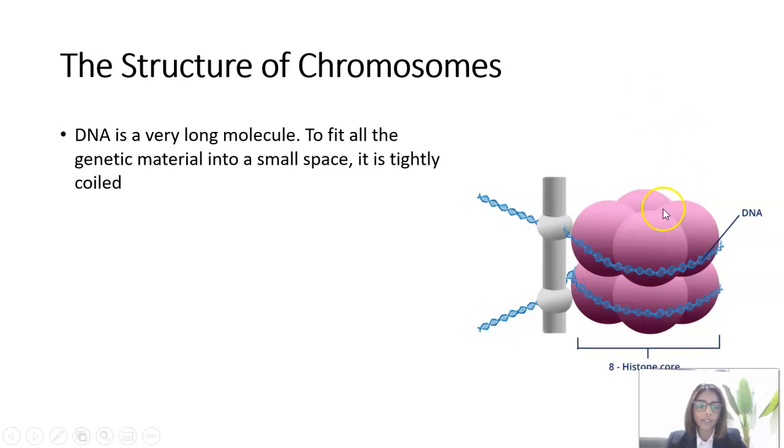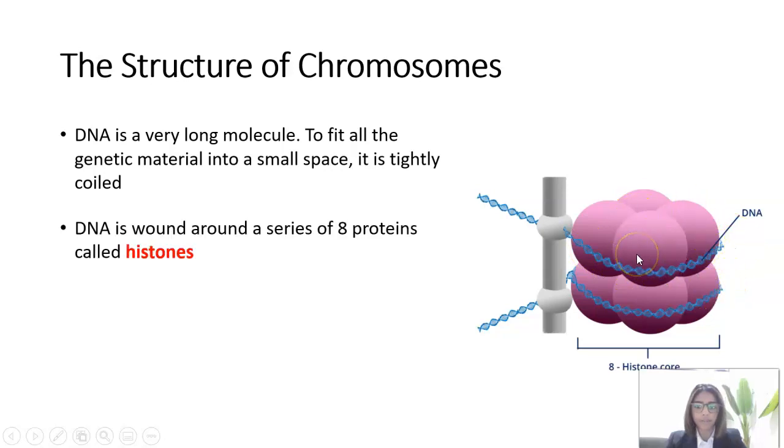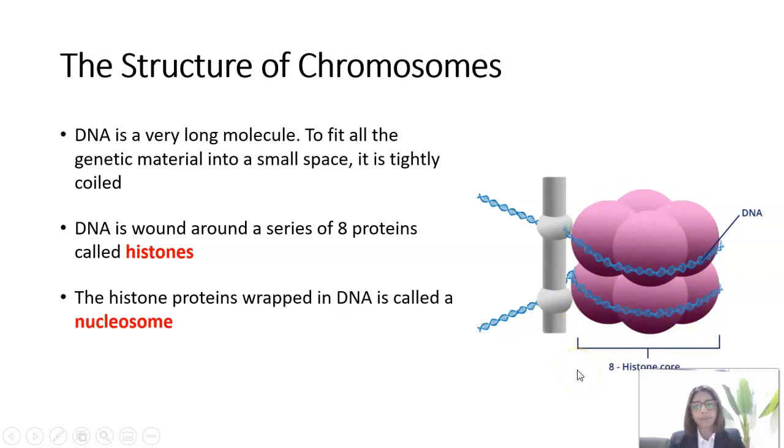So if you look at this cartoon here, this is our DNA molecule, and you can see that it's wrapped around these spheres. Now these spheres, there's 8 of them, and they're called histone proteins. So we have 4 on top and 4 underneath, and that together makes the histones.